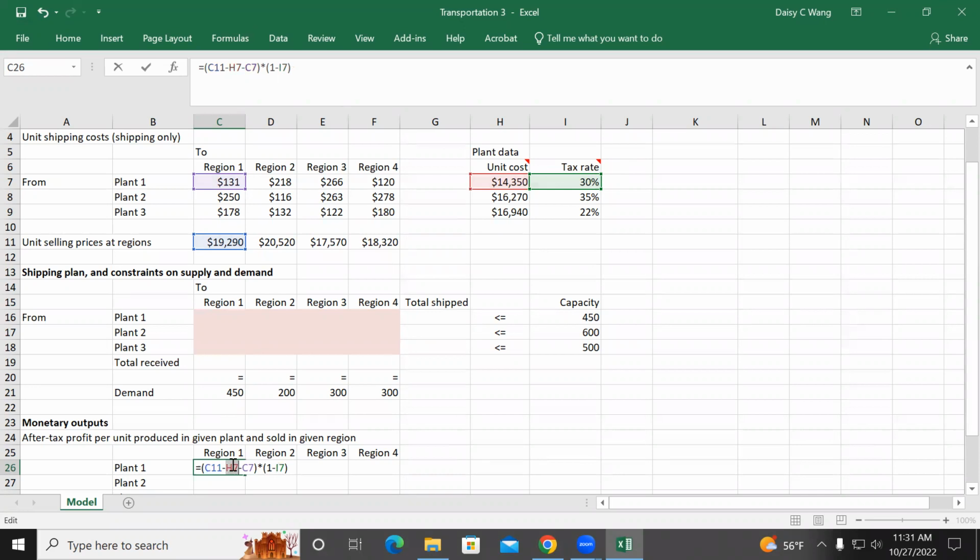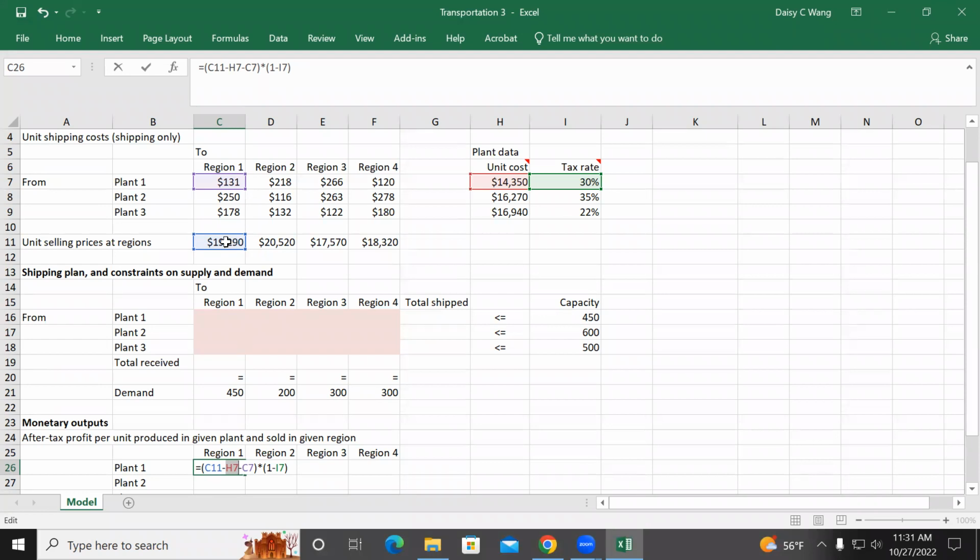Wait, do you need me to enlarge this or no? Okay, you guys are okay, right? So where should we put the $ sign? Let's say C11, do we need to put a $ sign? C11 is the selling price for region 1.